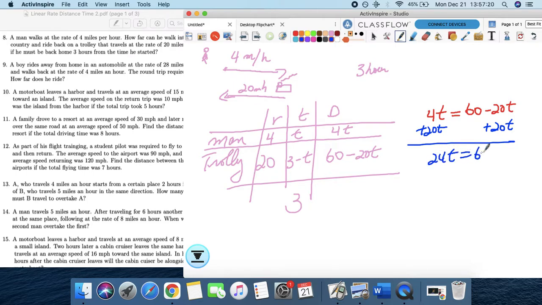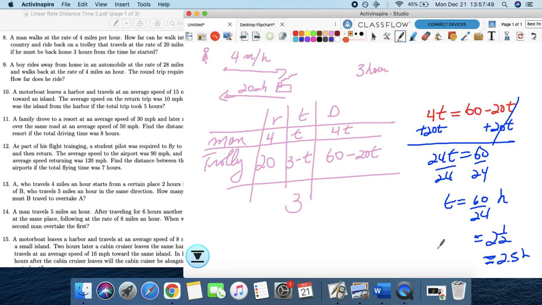24t equals 60, because that goes away. Divide both sides by 24, and t equals 60 over 24. I could leave that as an improper fraction, but if you want to change it to a mixed number, it'd be 2 and something. Actually, we can change this to 2.5 hours, which is probably better.